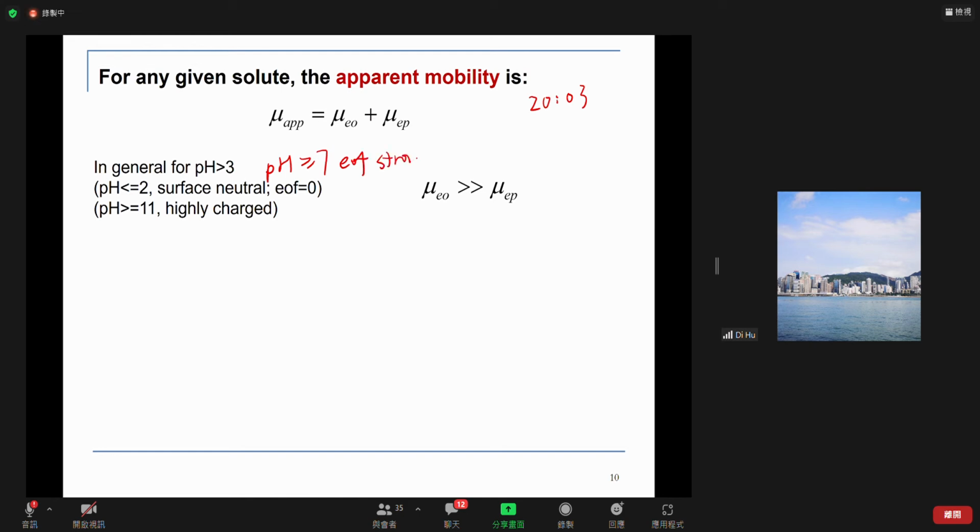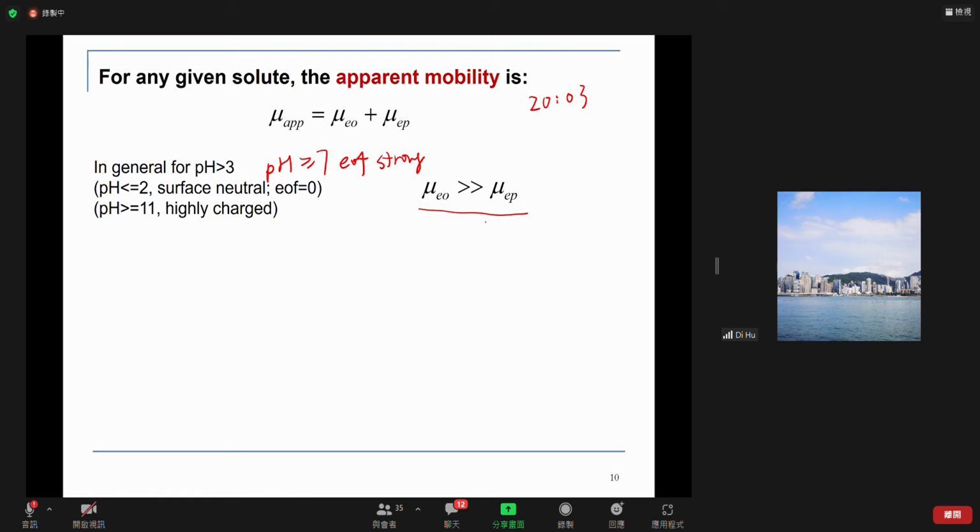If the pH increases further to 9 or 11, the capillary inner wall is almost all charged, and there will be a very large EOF flow. Under this condition the EOF is much larger than EP, which guarantees that everything goes to the detector.